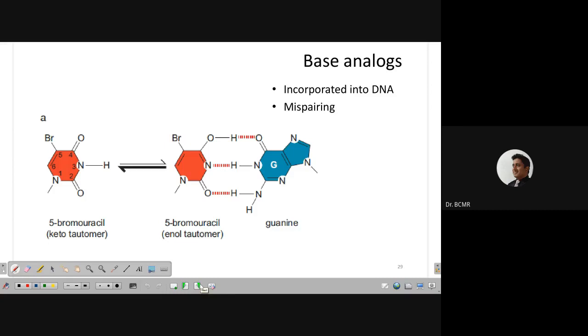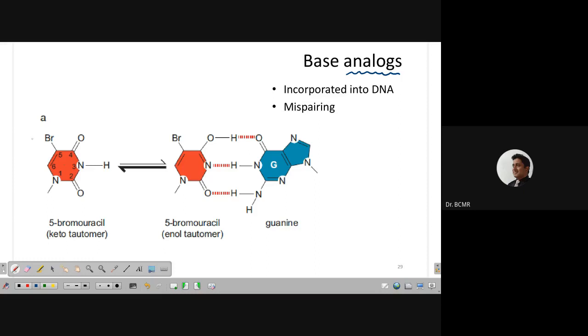So there are other types of chemicals, for example, base analogs. I think I described what it means. Base analogs look structurally very similar to the nitrogenous bases present in the DNA. Here is 5-bromouracil. 5-bromouracil is very much similar to thymine, right?